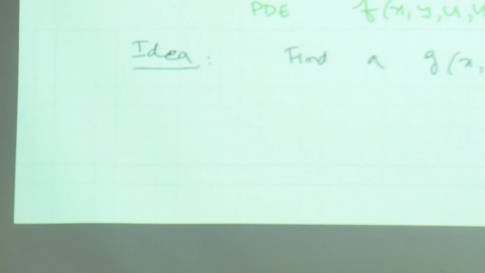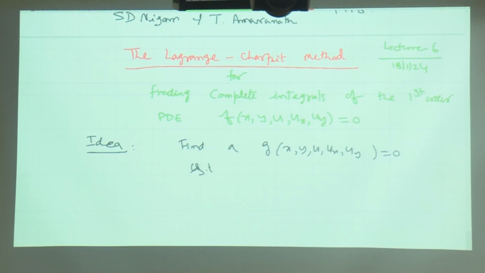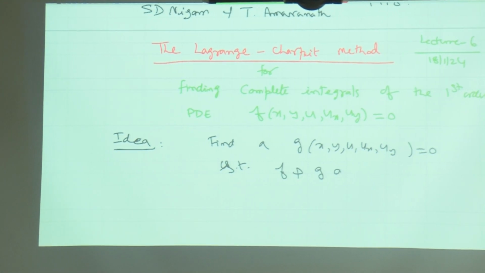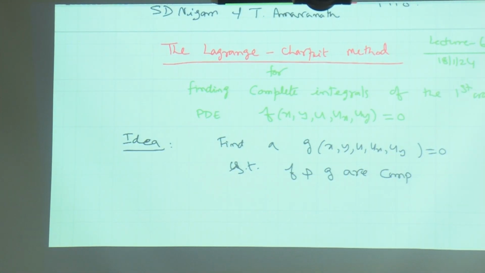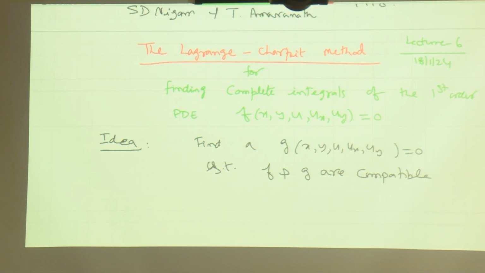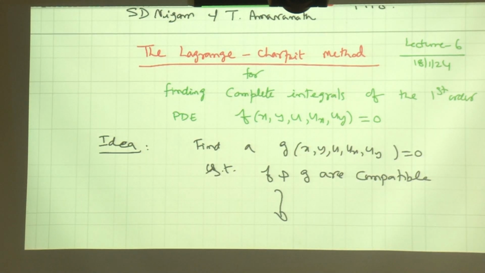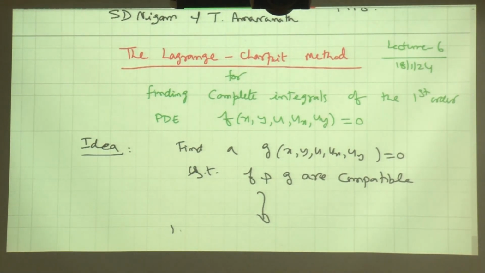Find another equation, a g of x, y, u, ux, uy equal to 0, such that f and g are compatible. So the method is about arriving at this g. Once you find this g, you will have a one parameter family of common solutions.